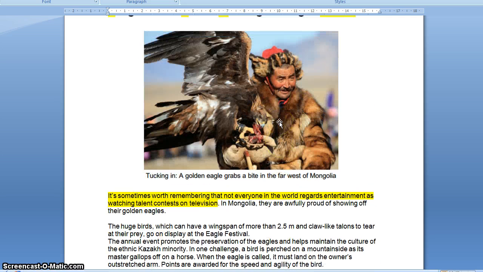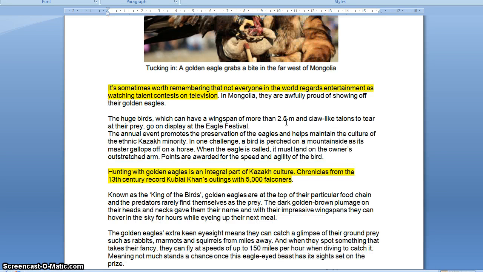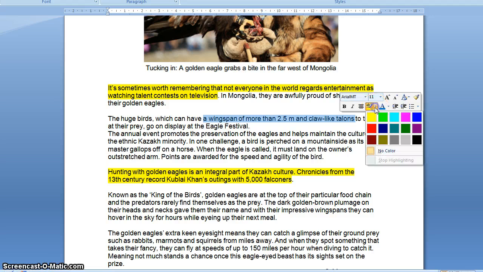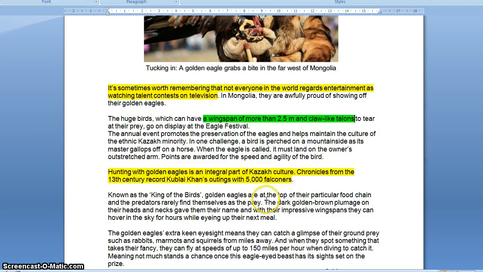The photograph gave us plenty of information about the eagle, its appearance, and we're given more information about the eagle in the text, about its size, its claw-like talons. We'll just colour those in green, and we've got a little bit more information later about the plumage.